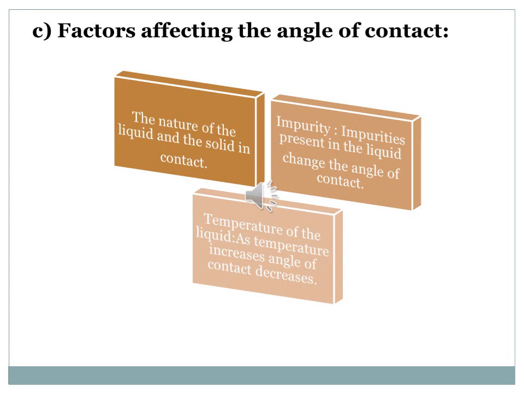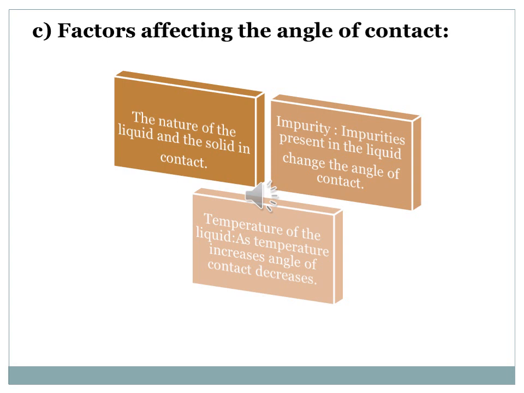Now what will be the second factor? Second factor is nothing but impurity. Impurity present in the liquid changes the angle of contact. Now impurities may be soluble, insoluble, or partly soluble. So what affects that? We'll see. When we add salt to the liquid, what happens? Salt will dissolve completely inside the liquid, that means completely inside the water.